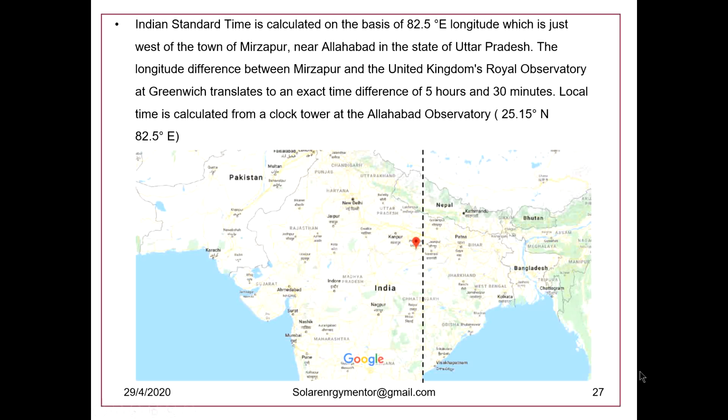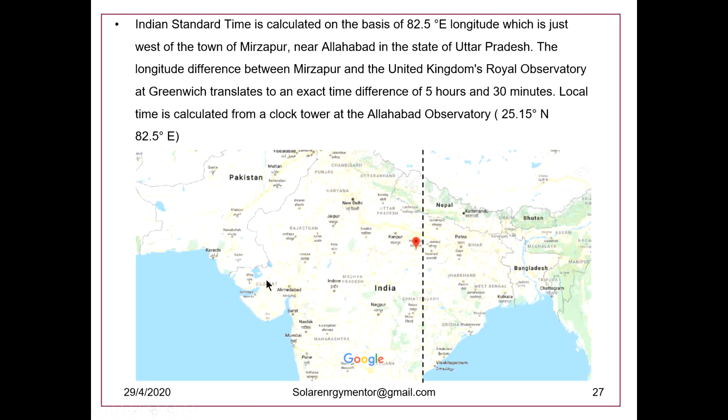However, the local apparent time will be different in Assam at the same time, as well as the local apparent time in Gujarat will be different at 11:30. But 11:30 at, for example, Allahabad is the clock time. Why? Because 11:30 is the time shown by the standard time longitude.